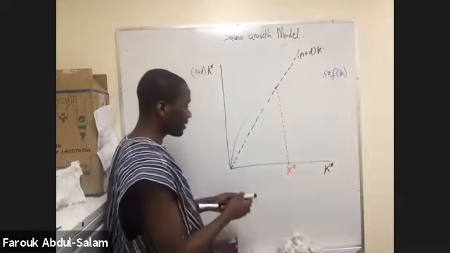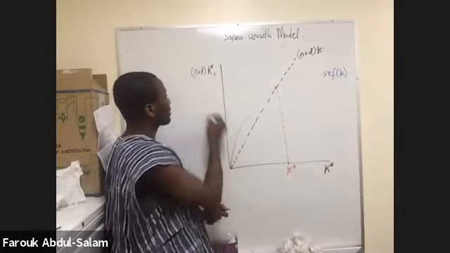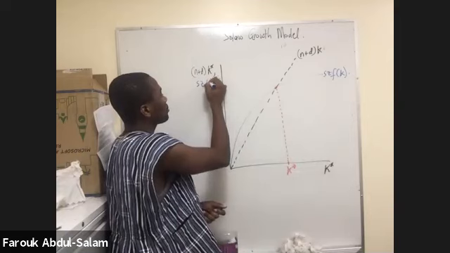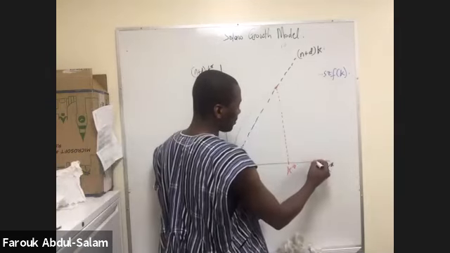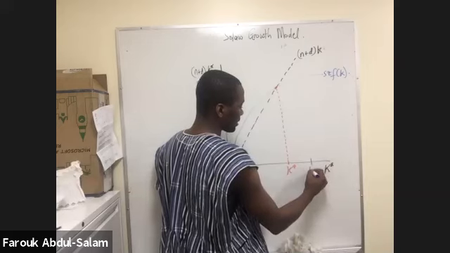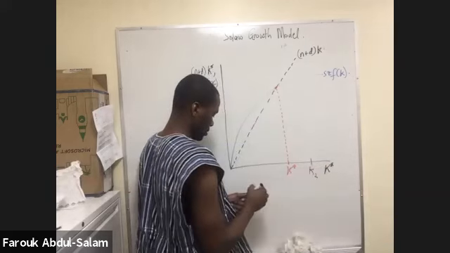Okay. Now, what I would like you guys to see here is what happens to this guy when the value of K is somewhere here. So let's take this guy to be K2.